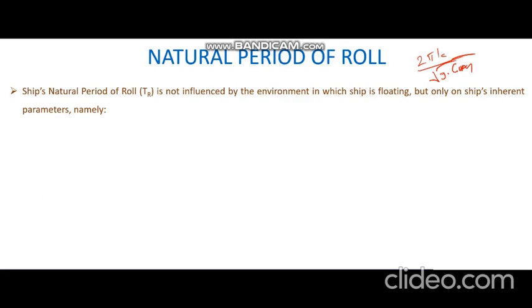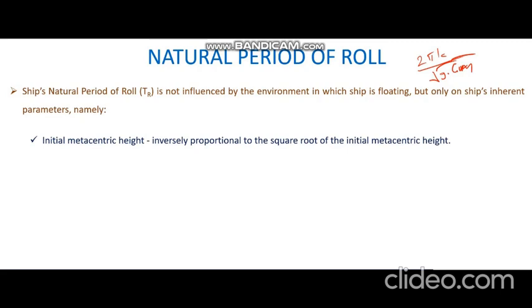It is only dependent on the ship's inherent properties. What are the inherent properties? One is the radius of gyration, which will depend upon how the weights are distributed about the axis of roll, and it will depend on the GM. It depends on the metacentric height, and it depends on the radius of gyration about the axis of roll.